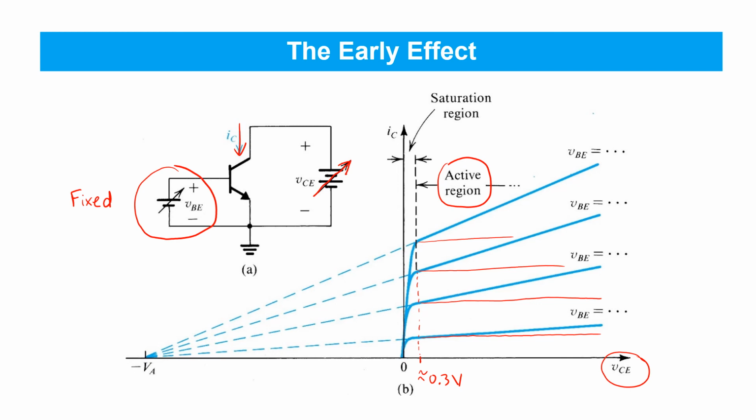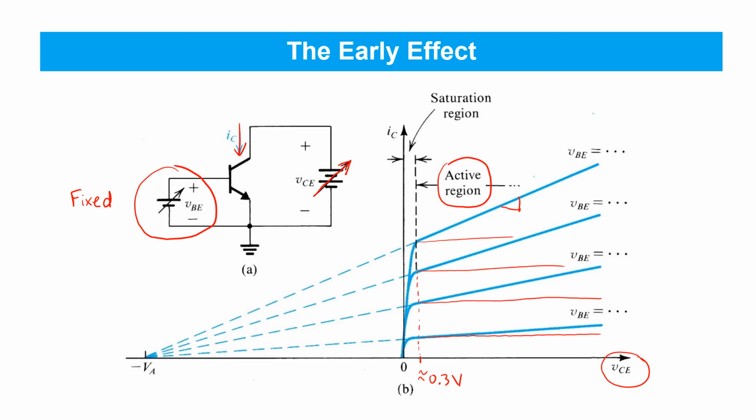But now we know that because of the early effect, there is some increase in collector current as the collector voltage increases, because that again widens the depletion region and thereby narrows the effective base width. So VCE increases, we get an increase in collector current.